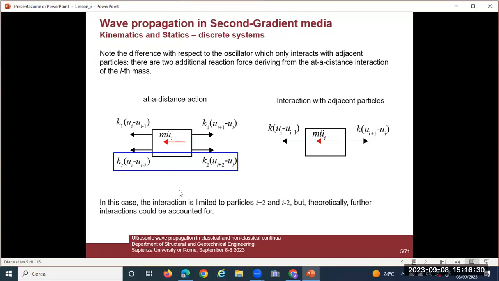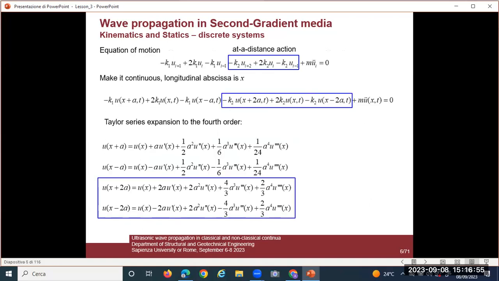In this case, the interaction is limited to particles i+2 and i-2, but in general you can imagine oscillators that interact with oscillators at an even larger distance. It depends on the kind of continuum, or on the kind of system you are studying.